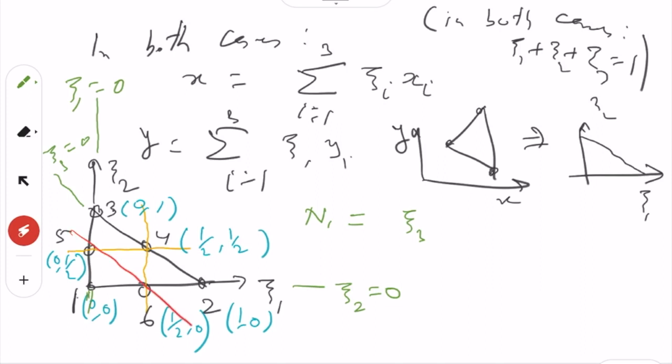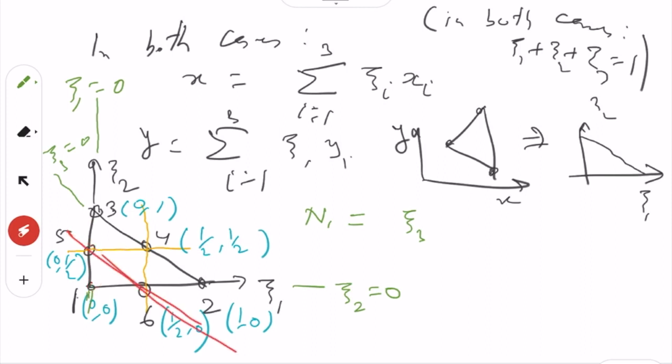Then if this is xi3 equal to half, because you are moving like this one, so this is halfway in between from here to here, right? So since this is half, hence this is halfway, and this is all linearly varying.